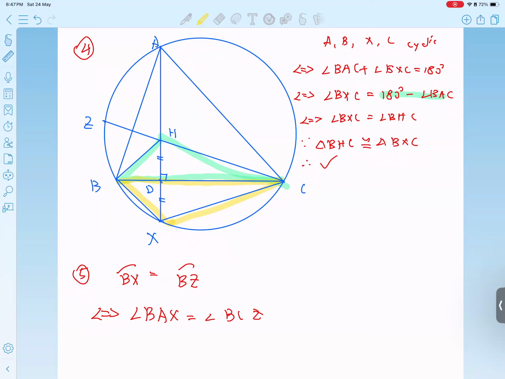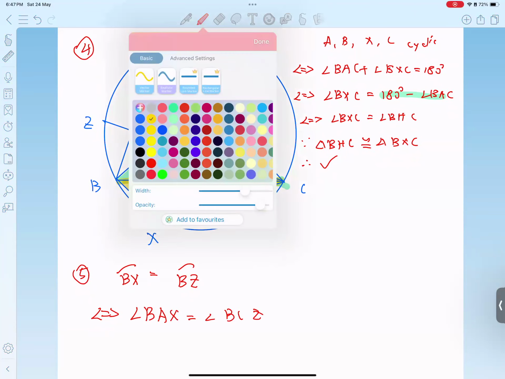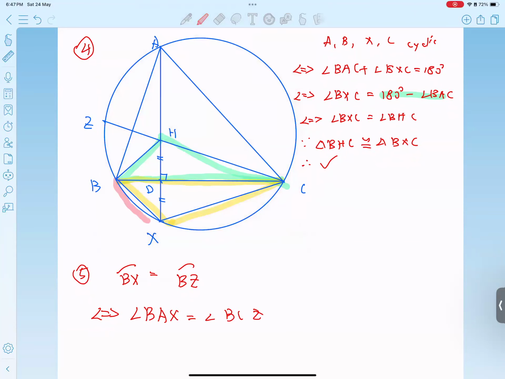So to illustrate, BX directly points to this angle BAX, and then BZ would point to angle BCZ because of the arc in the circle.